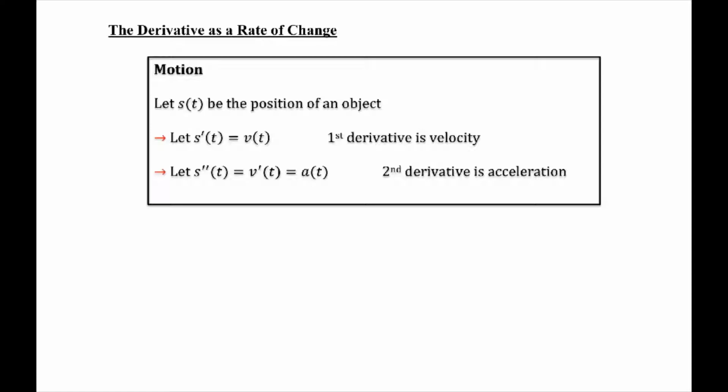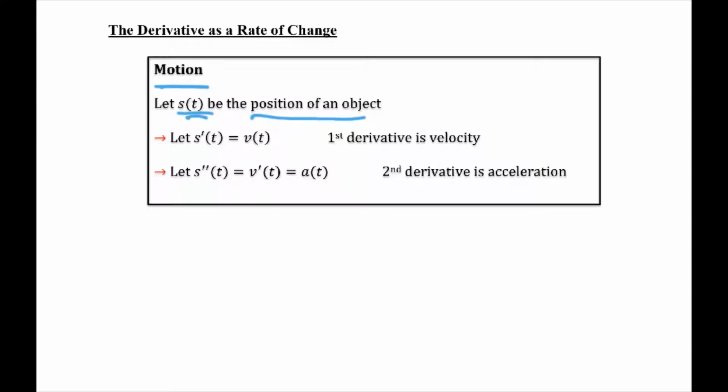With motion, you usually have some sort of function that gives you the position of the object or the particle. This gives you the height of the object after some amount of time, or it might just tell you where the object is located after a certain amount of time, so the position.